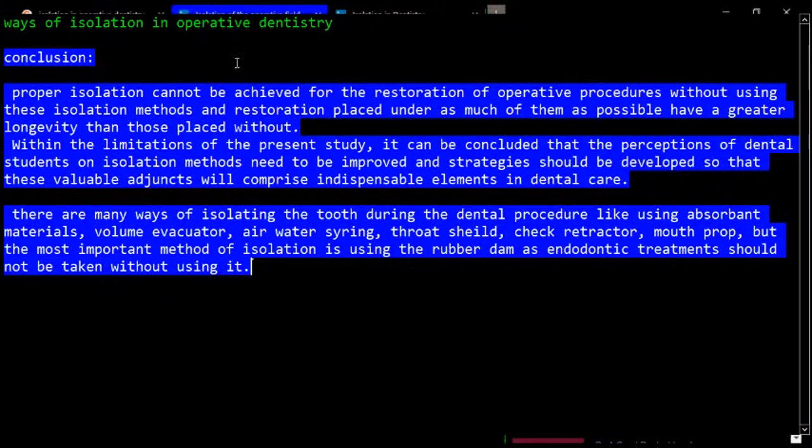Within the limitations of the present study, it can be concluded that the perceptions of dental students on isolation methods need to be improved, and strategies should be developed so that these valuable adjuncts will comprise indispensable elements in dental care.